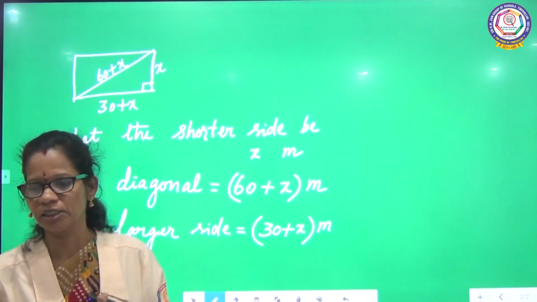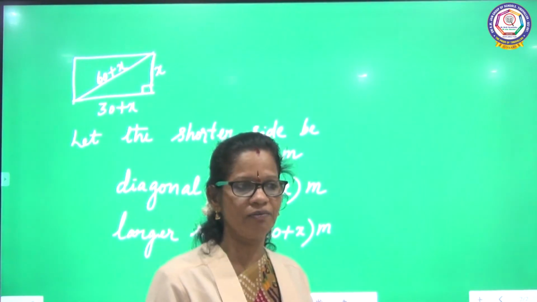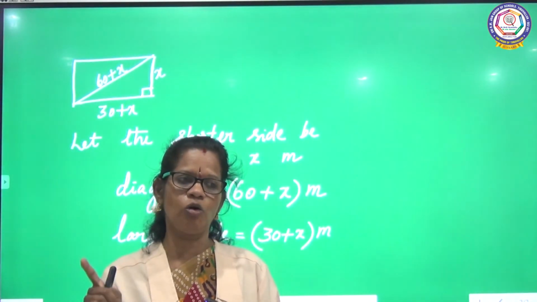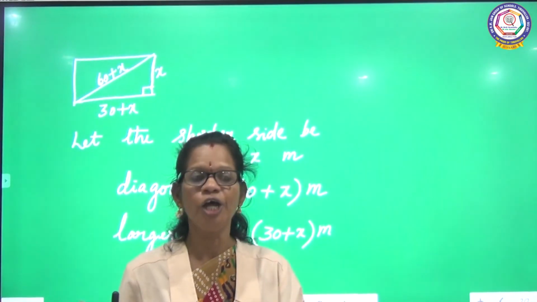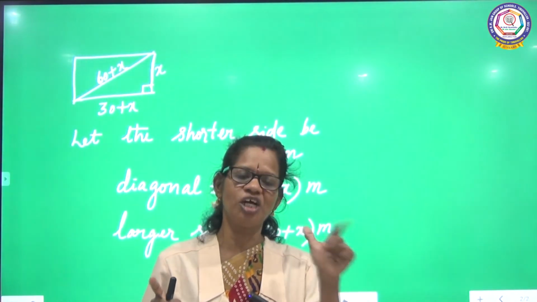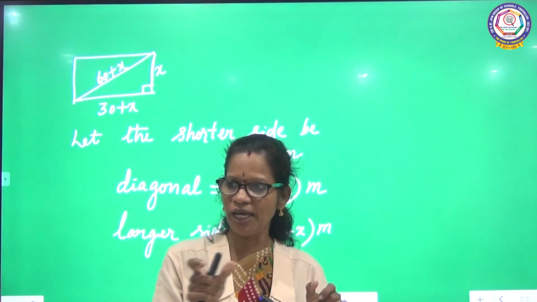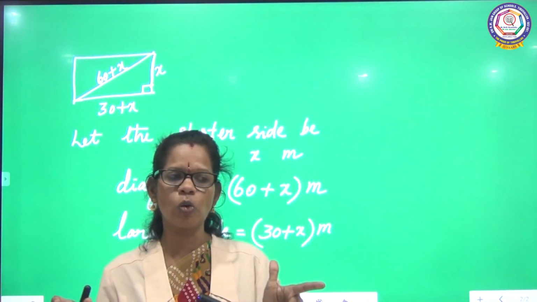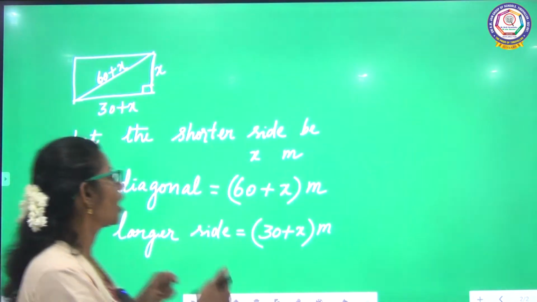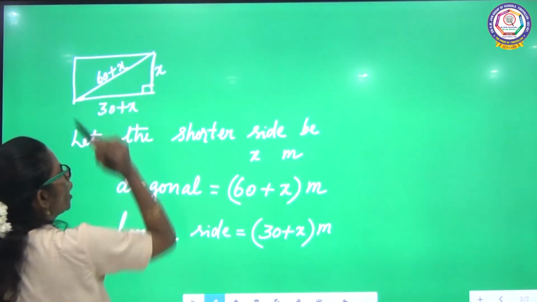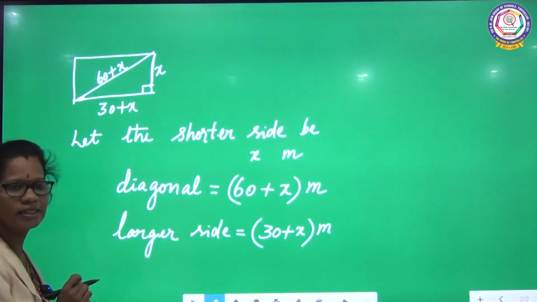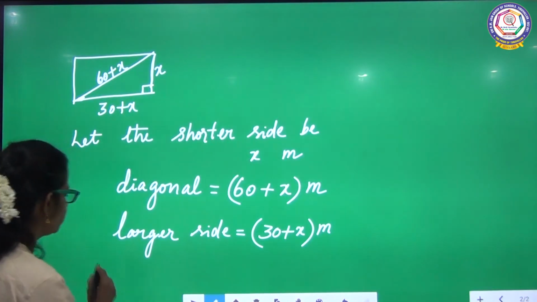Hereafter, if anybody asks what Pythagoras is, you have to say the statement: the square of the hypotenuse equals the sum of the squares of the other two sides.